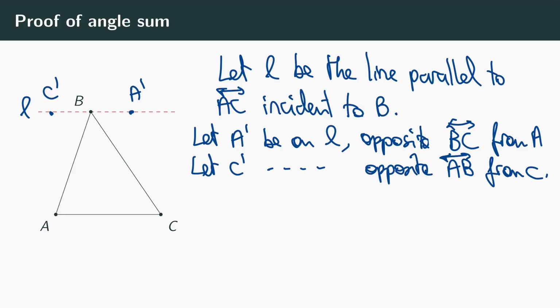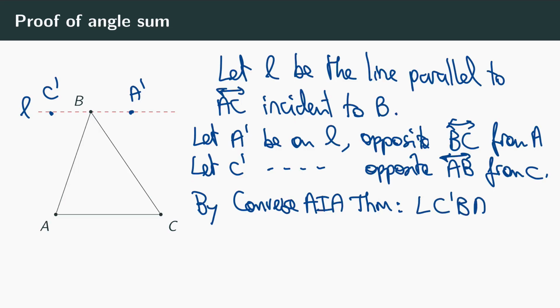And then what we do is we say, okay, then by the converse to the alternate interior angles theorem, we have that angle C prime BA is congruent to the angle BAC. Right, that's a pair of alternate interior angles right there. Good. Same deal over here.